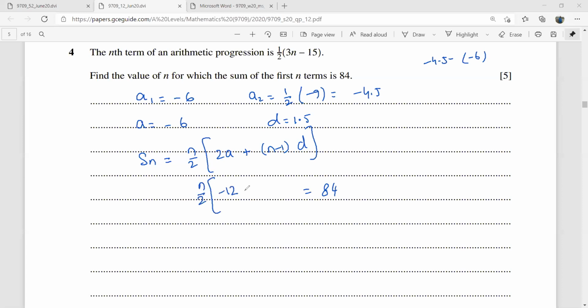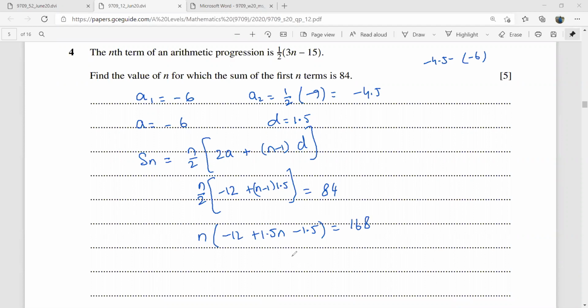That is minus 12 plus n minus 1 times that is 1.5. Now this is a simple equation. I believe you can solve it. This is n into minus 12 plus 1.5n minus 1.5, that is equal to 168.